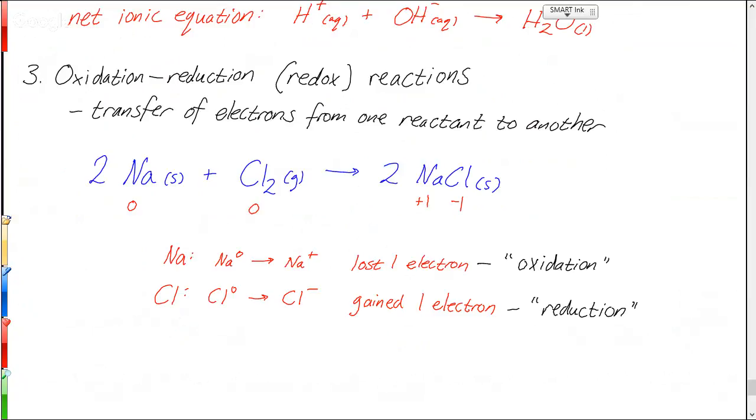There are various ways people remember this. One simple one is just that reduced means to go down in number. So if you're +1 and you go to 0, or if you're 0 and you go to -1, -2, -3, that's going down, so that's reduction. Anybody else have any ways that you like to remember that?